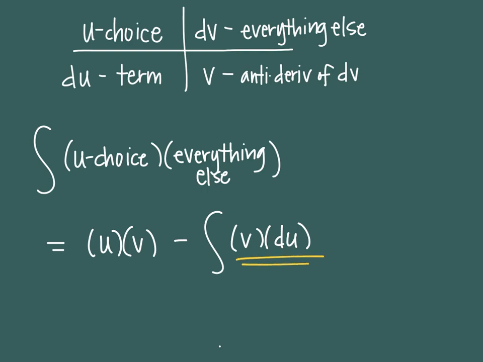This part that you get right there should work out perfectly. If it doesn't work perfectly, your u choice at the beginning was wrong, and then you've got to go back and choose something different.